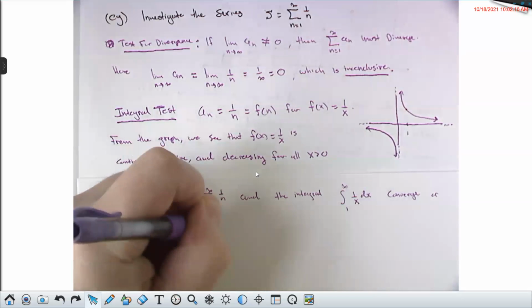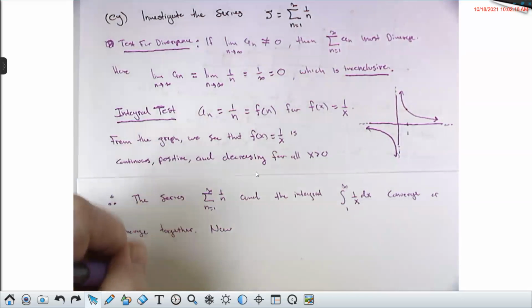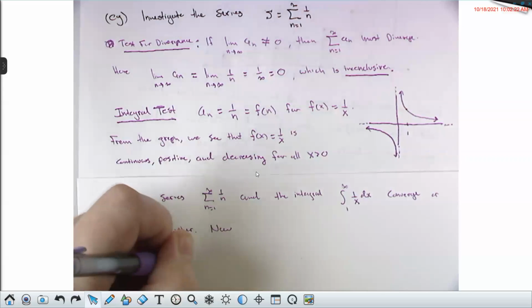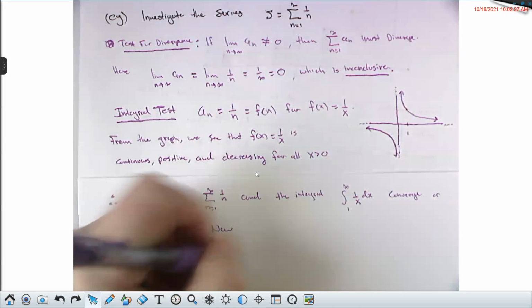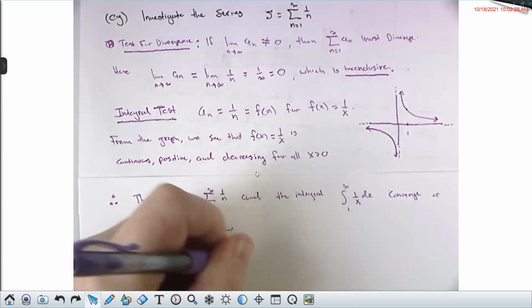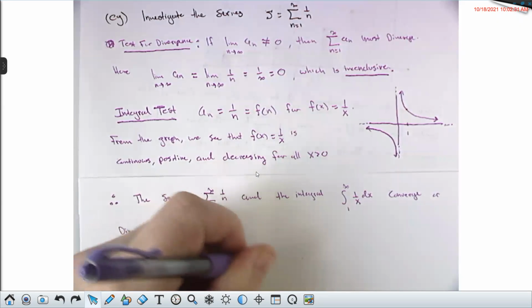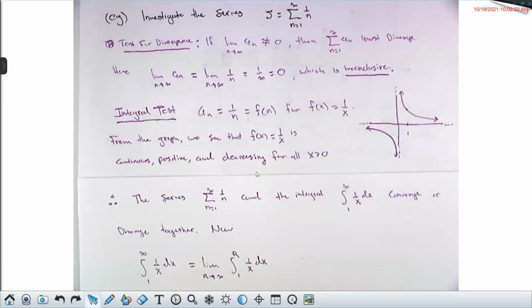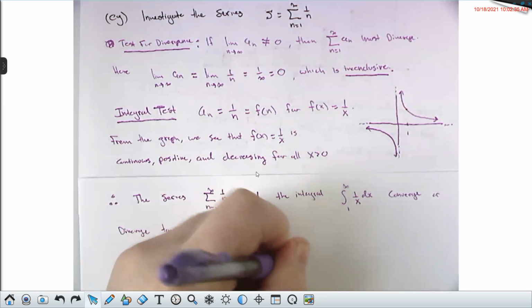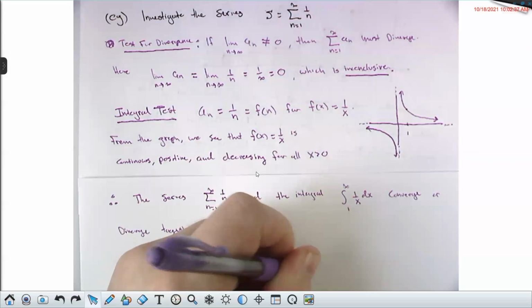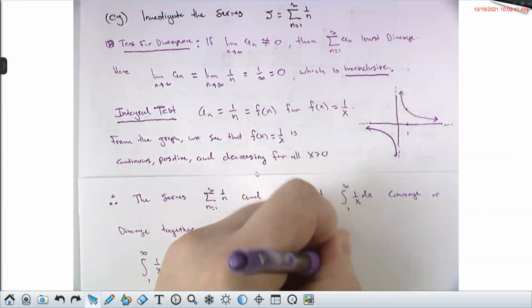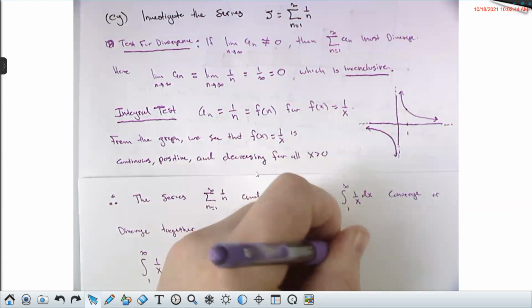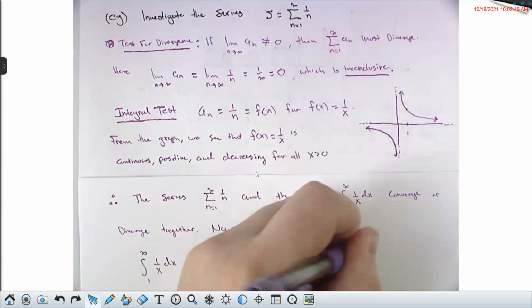Now, the integral from 1 to infinity of 1 over x dx is equal to the limit as r goes to infinity of the integral from 1 to r of 1 over x dx, which is the limit as r goes to infinity of natural log absolute value of x evaluated from 1 to r.